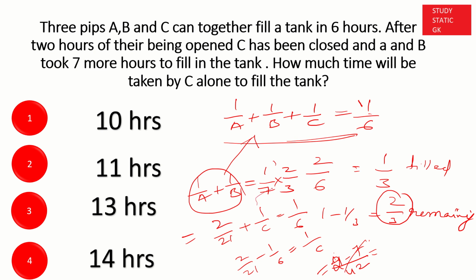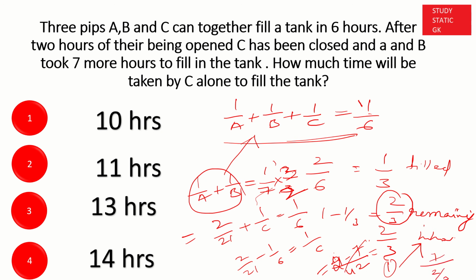Two by third part. 1 by A plus 1 by B, 1 hour work. So they have completed 2 by 3 of the work in 7 hours. So in 1 hour they have completed 2 by 3 divided by 7.